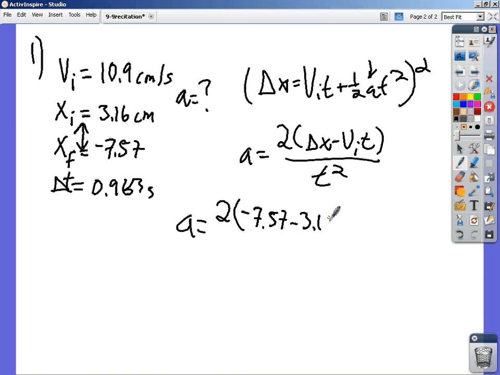Minus my initial velocity, which is 10.9 in this case, times 0.963. Okay, that's the top of my equation. Close that out. The bottom of my equation is just t squared. And then you just put that in your calculator.